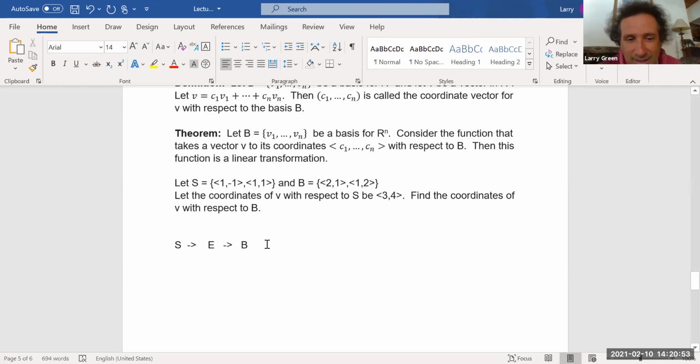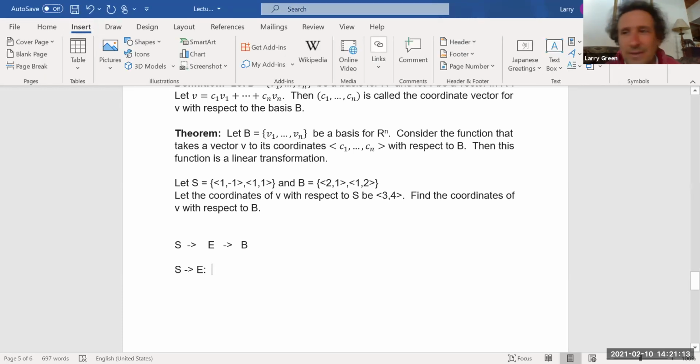And let's first go S to E. I want the matrix that takes me from S to E. And the hint is it's very easy. Okay, I say relatively easy, maybe a better word.